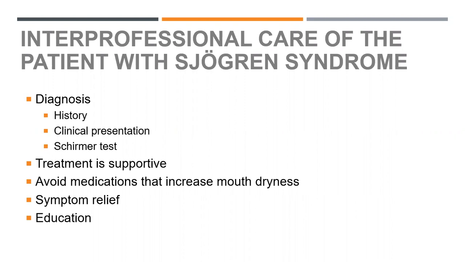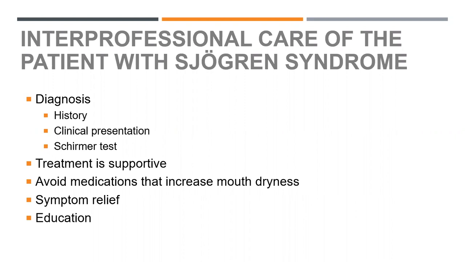And at night, you may need to wear special occlusive goggles to help decrease the amount of drying that happens within the eyes. As the eyes get so dry, people will end up with corneal ulcerations. They'll end up with vascular problems of the cornea, glaucoma, and can potentially have cataracts as well.